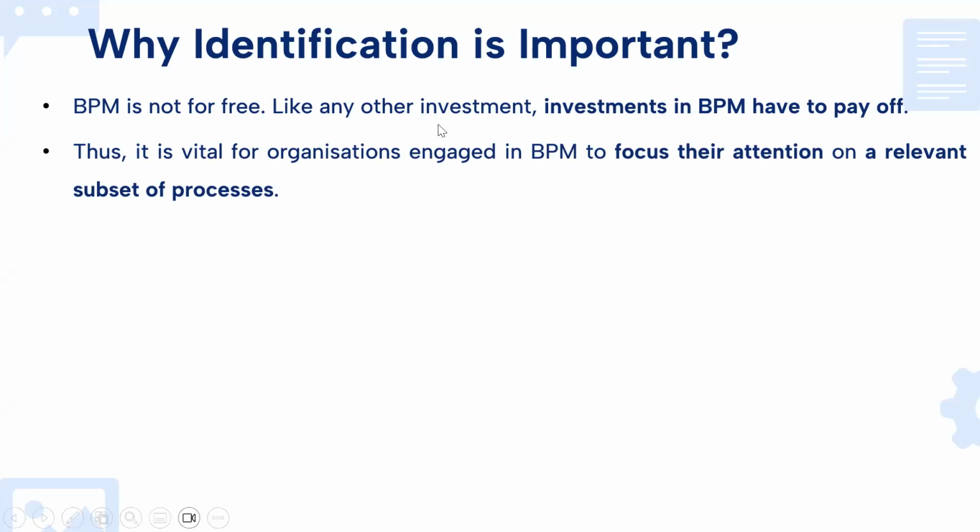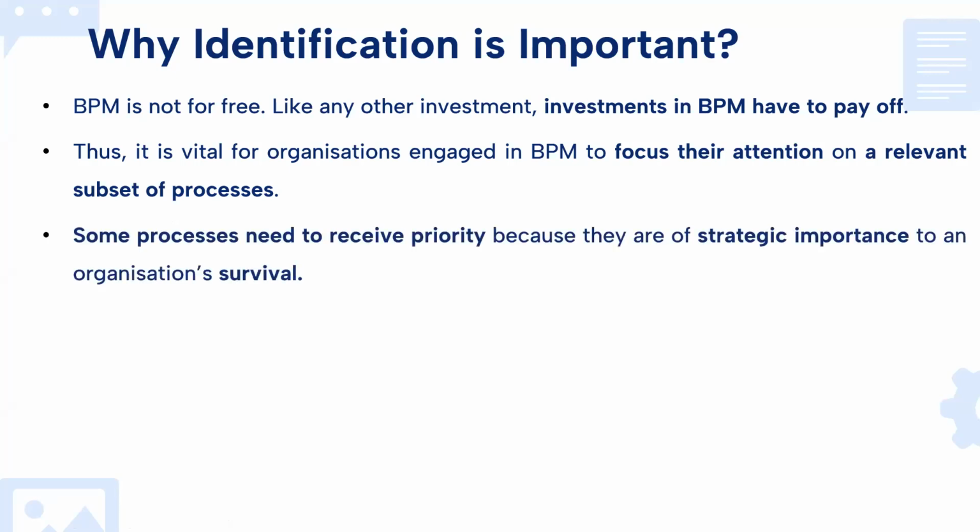Okay, so it is vital to identify the relevant subset of processes. When you consider an organization, there are many processes within it. Some could be core processes, some could be supporting processes, and some would be just mandatory processes that we have to conduct. So there are different subsets of processes. We have to focus and provide attention to the relevant subset of processes. So that's why process identification is important.